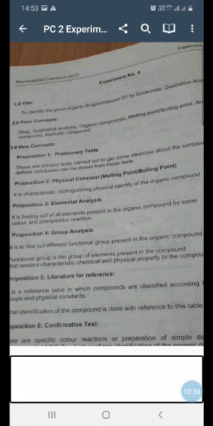I will go to the ignition test result of my compound and find out whether my compound is aromatic or aliphatic. Suppose my compound is aromatic.